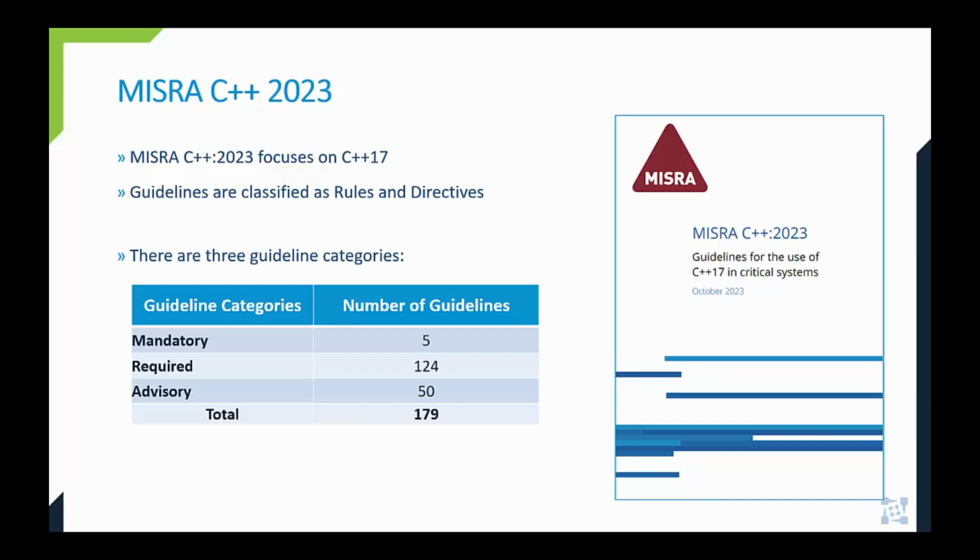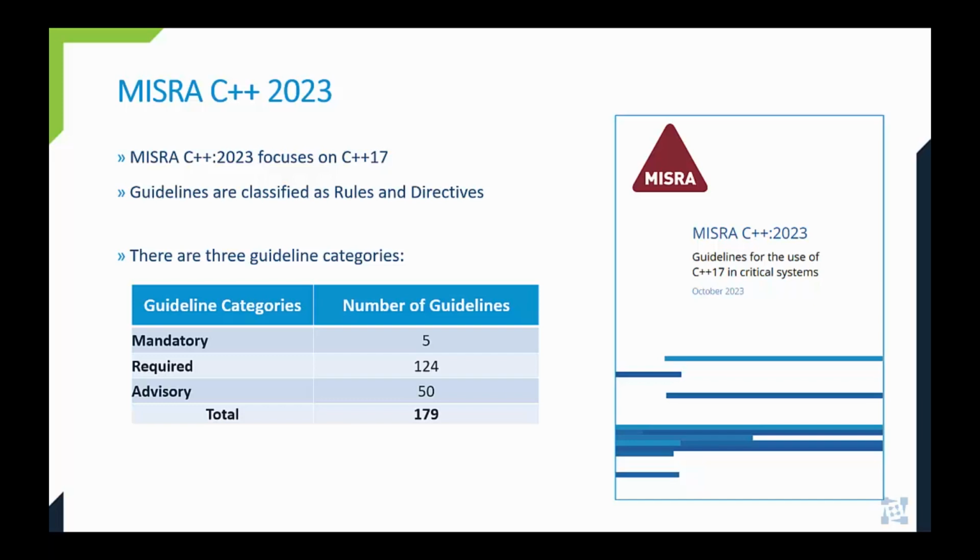Many of our customers have moved to C++17, and now through Parasoft C/C++test 2023.2, you have a way to test your C++17 code against a formal coding standard, ensuring safety and security.